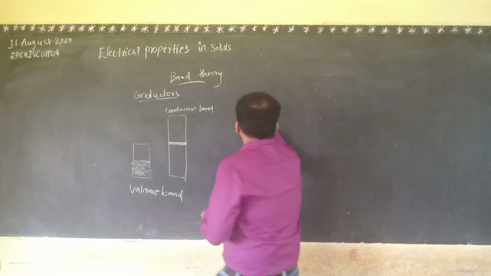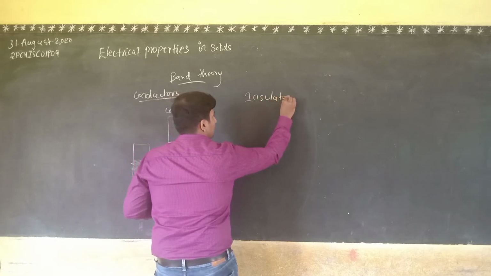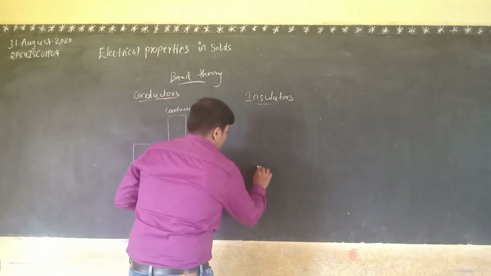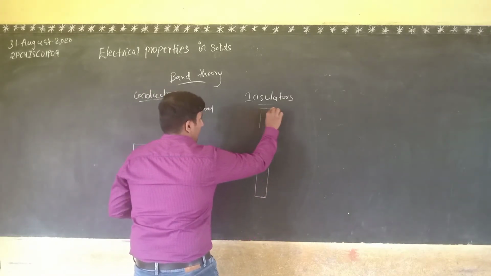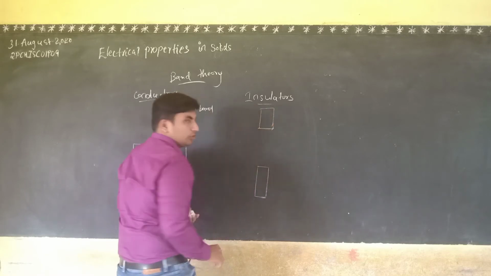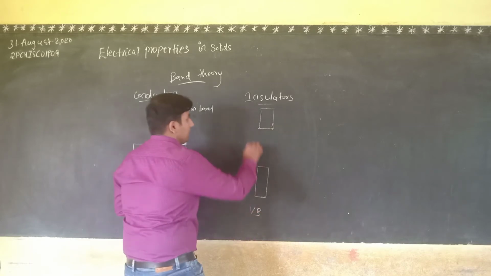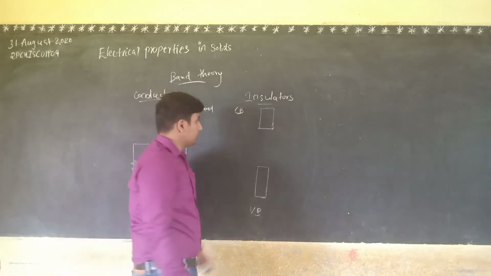So, in case of insulators, this is the valence band and the conduction band.